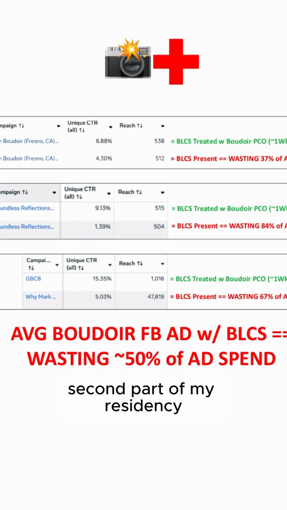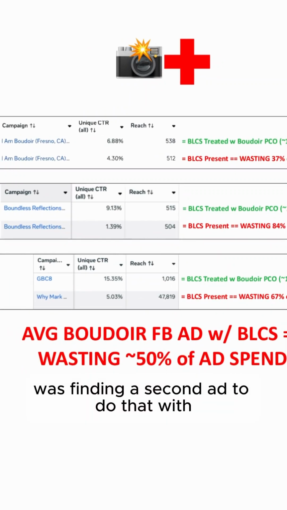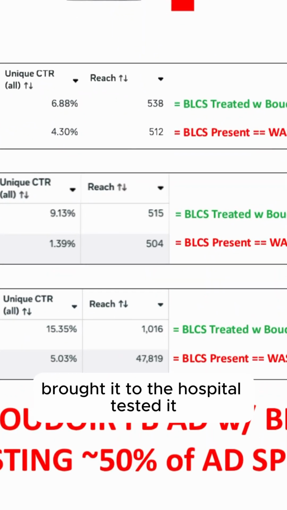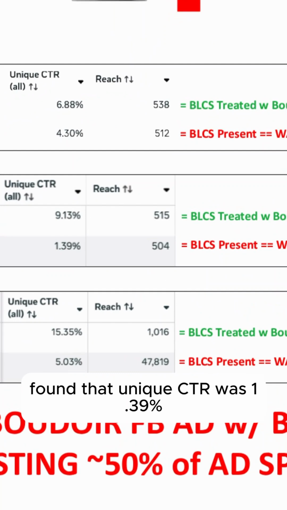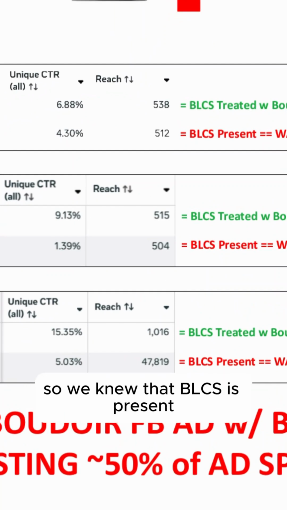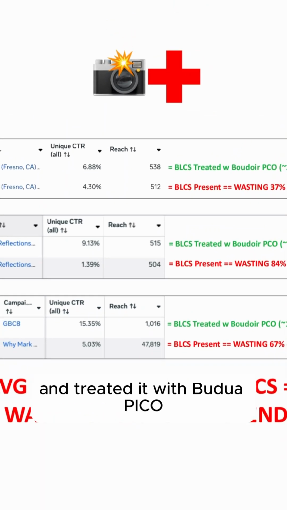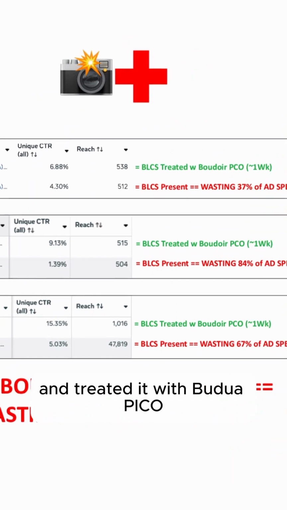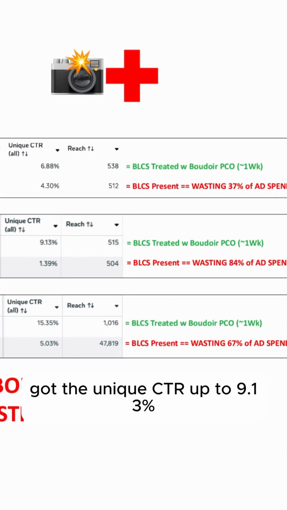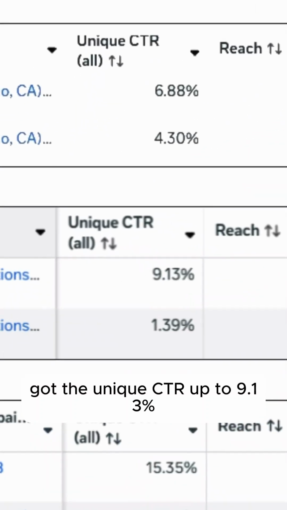The second part of my residency was finding a second ad to do that with. So I found another one out there, brought it to the hospital, tested it, and found its unique CTR was 1.39%. So we knew that BLCS is present. We duplicated that and treated it with Boudoir Pico, and got the unique CTR up to 9.13%.